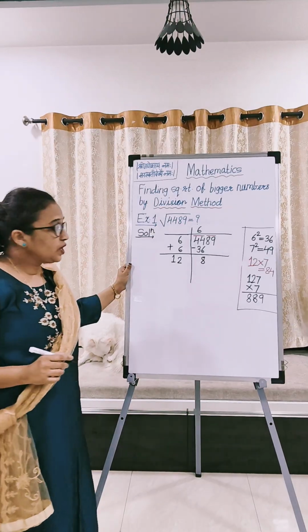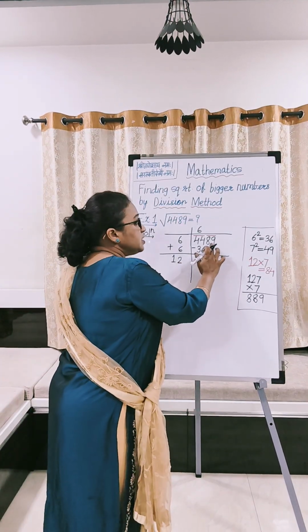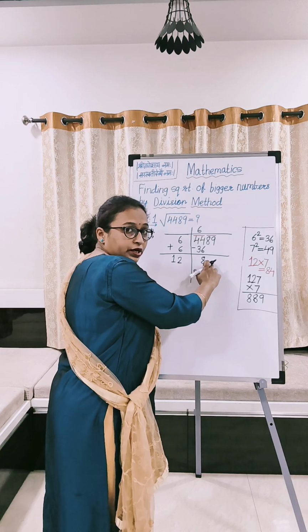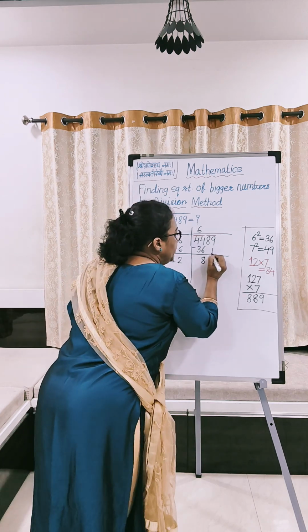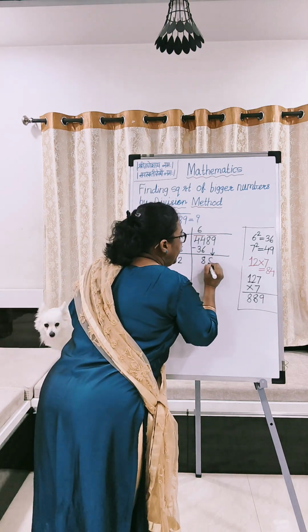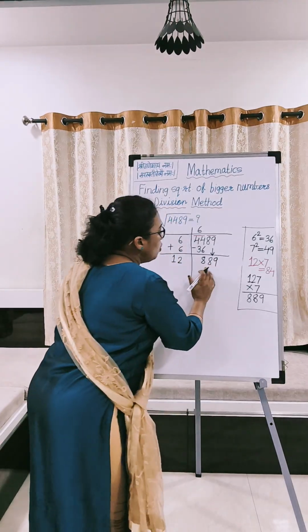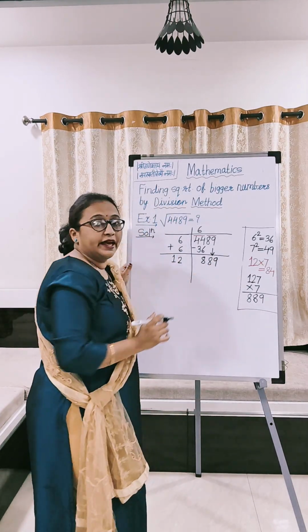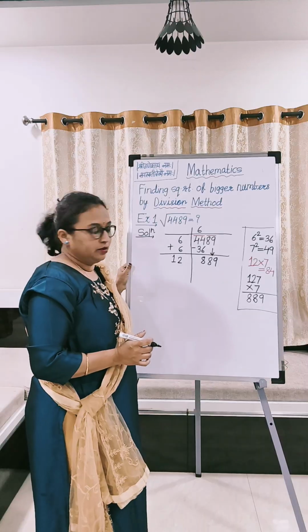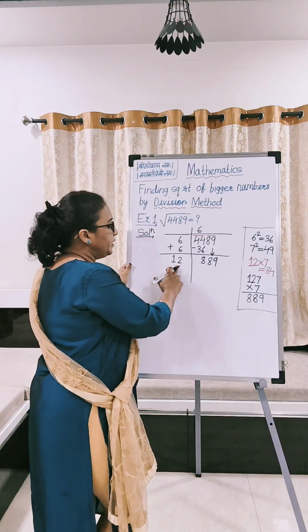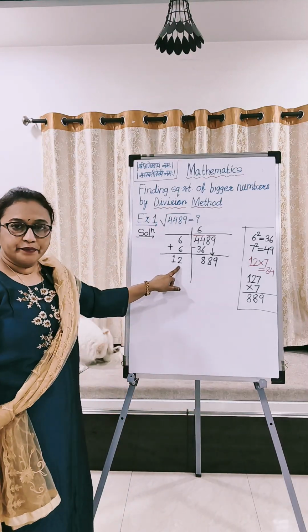Now bring down the second group below here, so it will be 89. Our new number is 889, and on the left hand side there is 12.